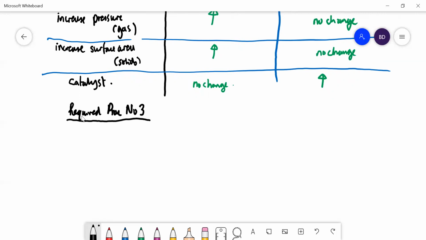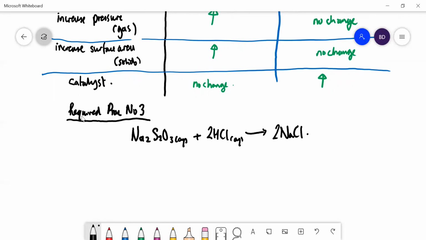You get sodium thiosulfate, and you add hydrochloric acid to it, and you get sodium chloride solution. You get sulfur dioxide, which is a nasty smelling gas, and you get sulfur solid, so you get particles, and you get water.